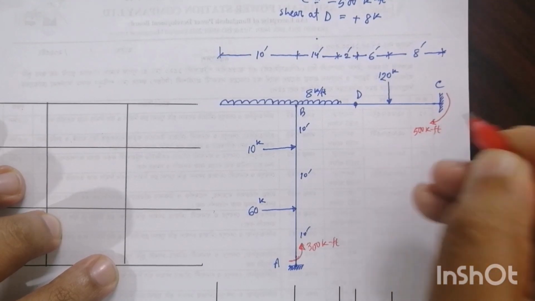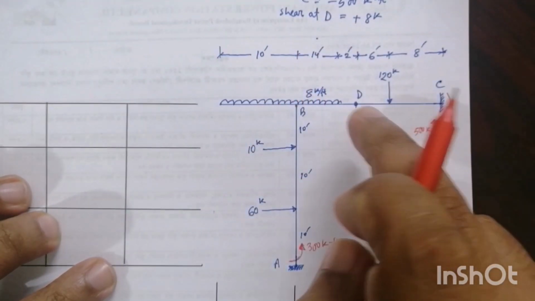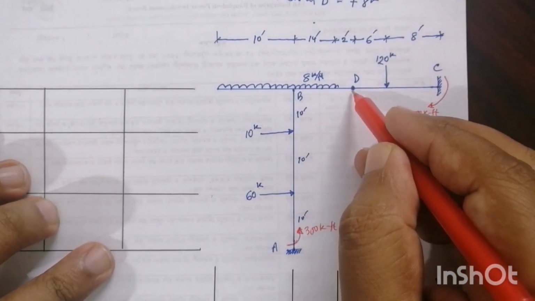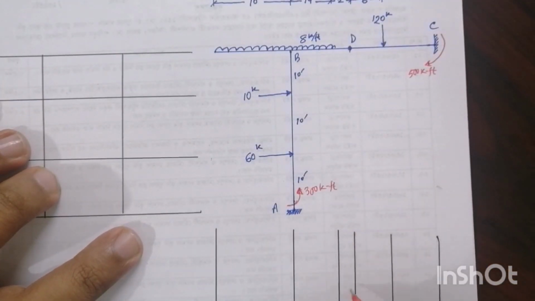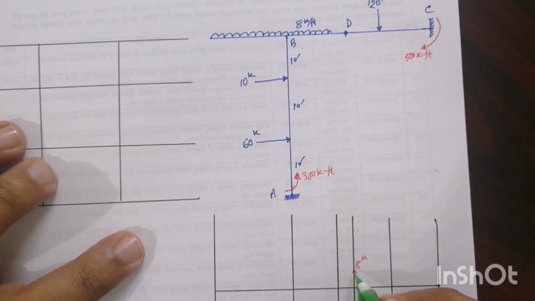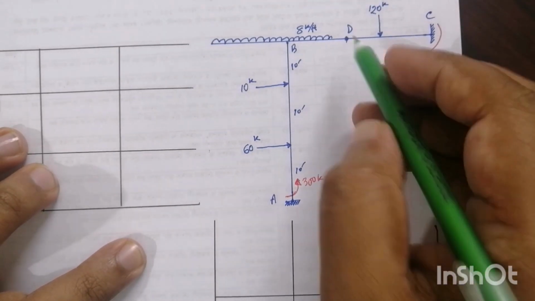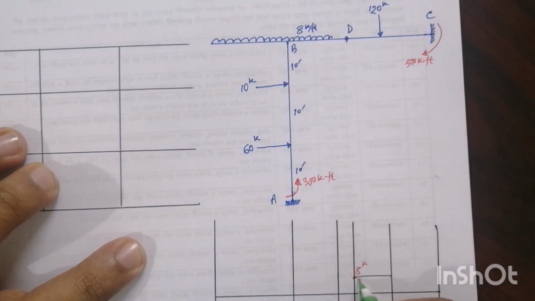500 kip-feet, and also plus 8 kip shear at point D. This point means this line. So here plus 8 kip is given. If we take this shear, 8 kip, and we see there is no force, so the 8 kip is direct here.